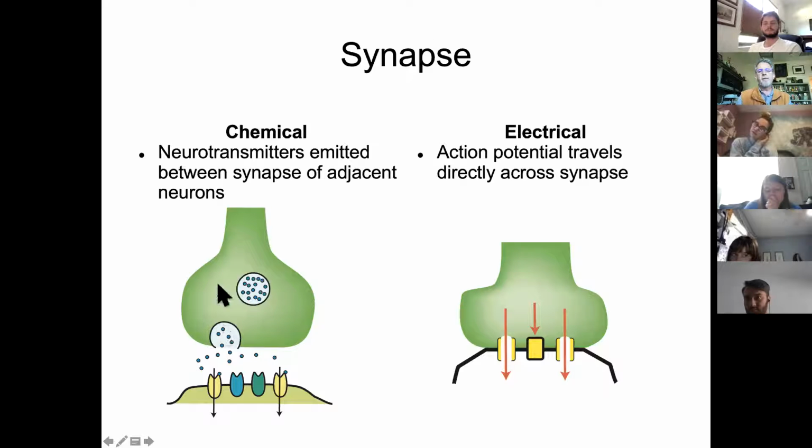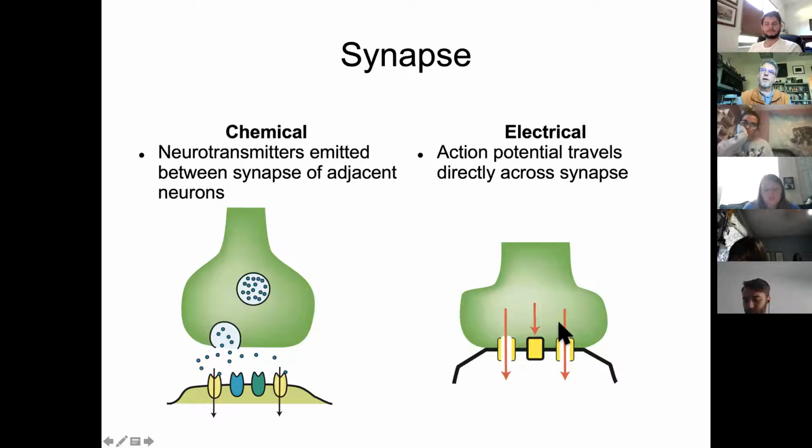We also have a large number of chemical synapses where the action potential terminates at the dendrite, and that can release a class of neurotransmitters, which then make contact with receptors on the other side of the synapse. And then once a particular threshold is met in those receptors, the action potential can travel along the second cell.